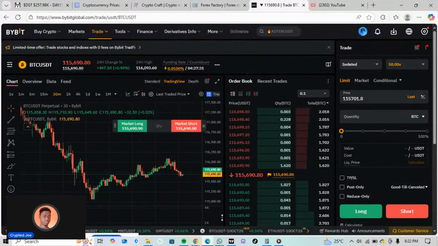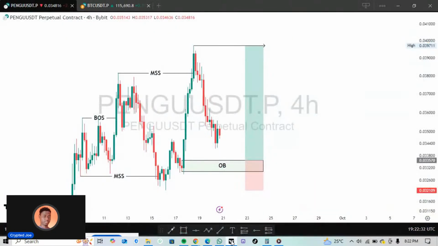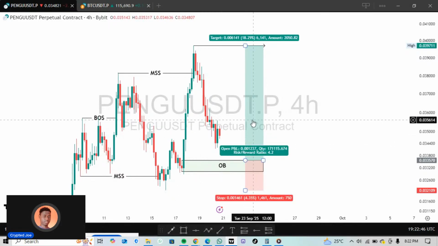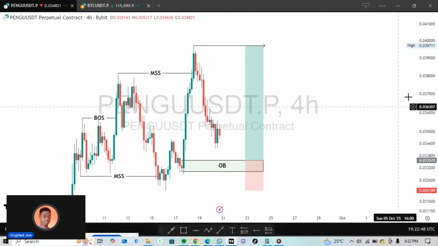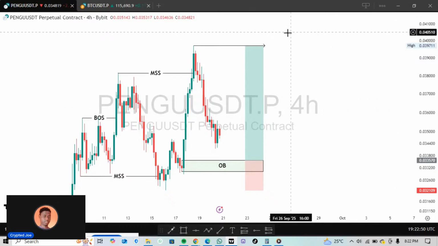Like I was saying, I have a trade example I want to make use of in today's class. This is PENGU USDT, one of the crypto pairs we have in cryptocurrency trading. In this analysis, our main focus is how to use these three digits here.